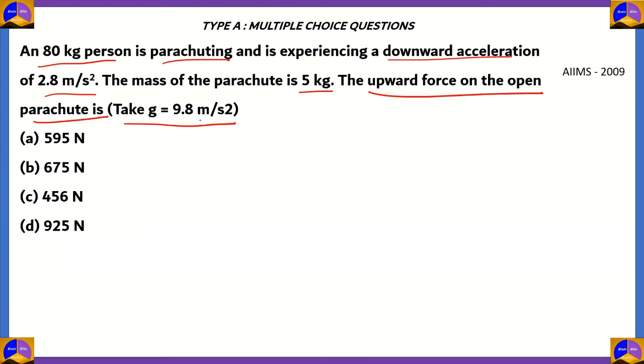Now, G is 9.8 meters per second square, and it's given that the downward acceleration is equal to 2.8 meters per second. My apologies. So, the question is to find the upward force on the open parachute.